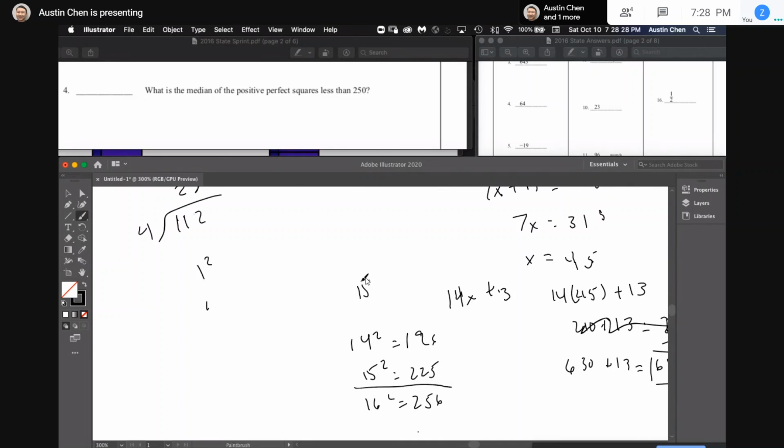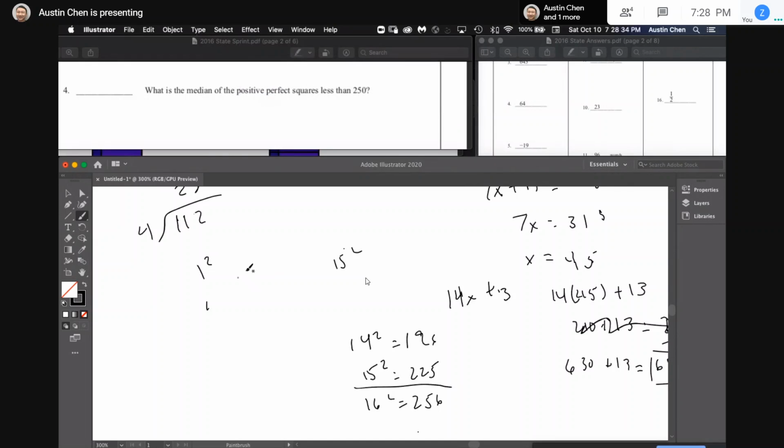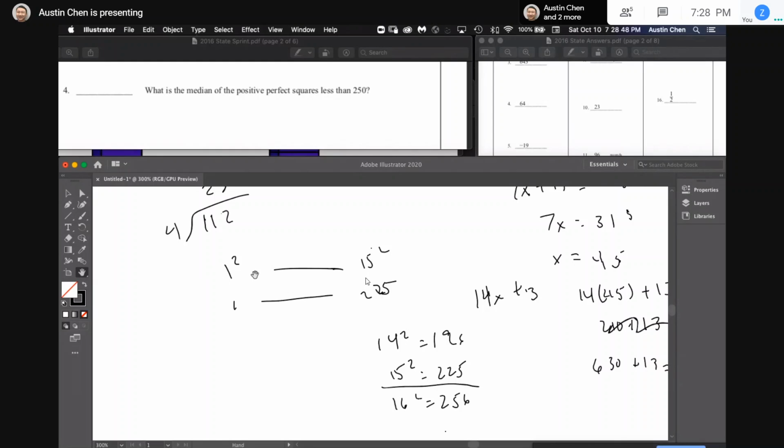So our perfect square range is from 1 squared to 15 squared, which is from 1 to 225. Now that we know our range, we need to find the median of this set.